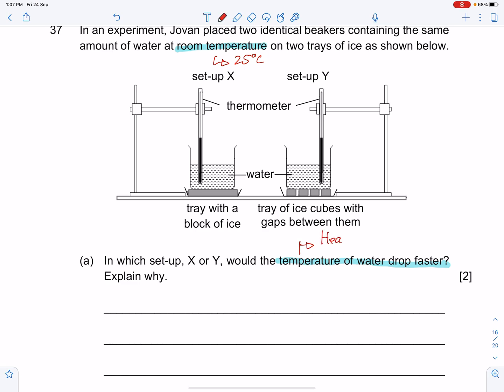So they are testing you on heat transfer, the rate of heat transfer in fact. You need to talk about how heat is being lost or gained at a faster or slower rate. Now, they are talking explicitly about water.